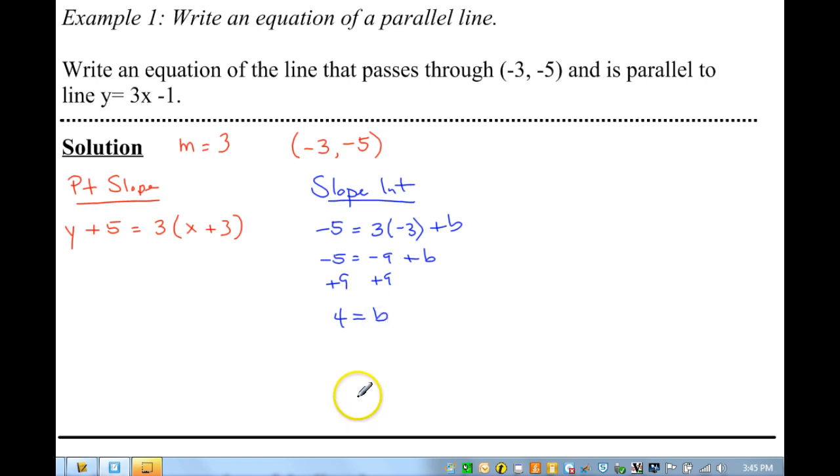After solving for b and getting 4, I would write my equation as y equals 3x plus 4.